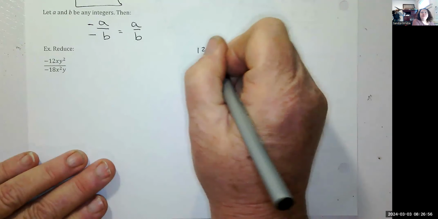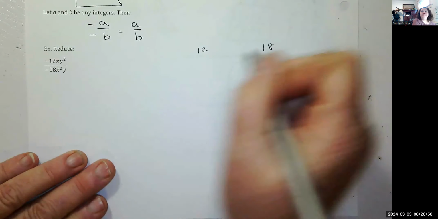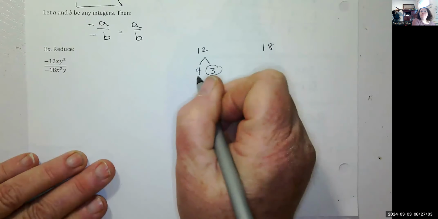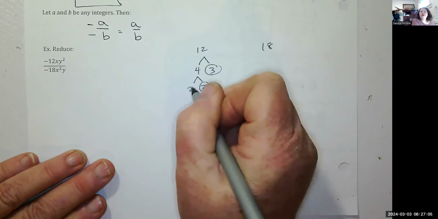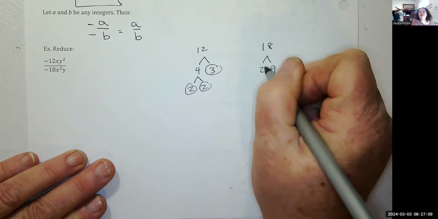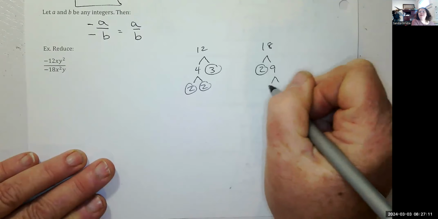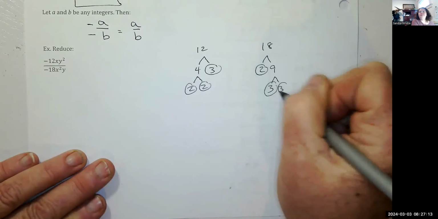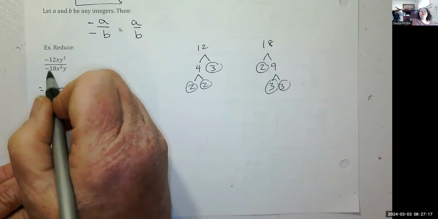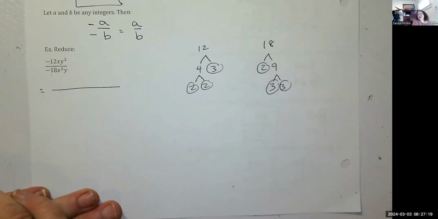All right, I'm going to take my factors of 12 and 18. 12 I'm going to think of as 4 and 3. 3 is prime. 4 is 2 and 2, and those are prime. 18, I'm thinking 2 and 9. 2 is prime, and 9 is 3 and 3, and those are prime. So this is equal to, negative divided by negative, signs are the same, so it's positive.